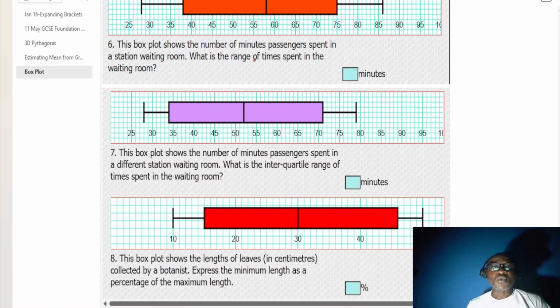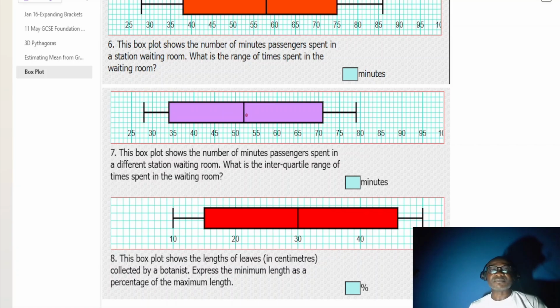It asked, what is the range of times spent in the waiting room? 58 minutes. Okay. The range is given by the formula highest maximum number minus lowest number. The highest number here is a line above 85, which is 86.